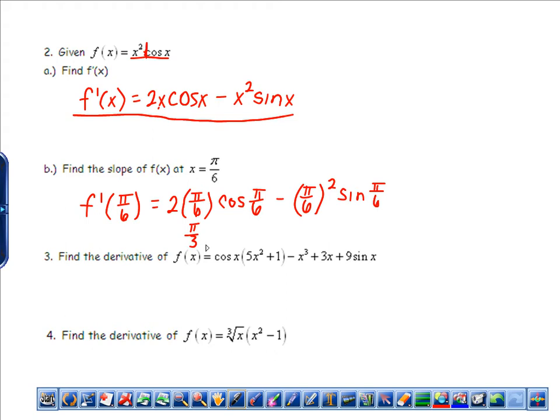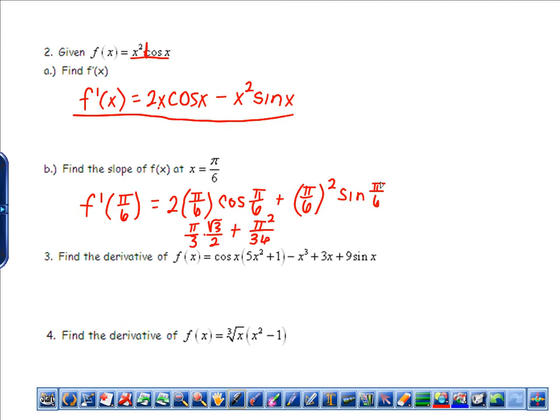And the cosine of pi over 6 is square root of 3 over 2. And I put a minus here, and that was a mistake. That should be a plus. I apologize. In the product rule, you're adding these two quantities. Okay, now I need to square pi over 6. So I'm going to go plus. That's going to be pi squared over 36.